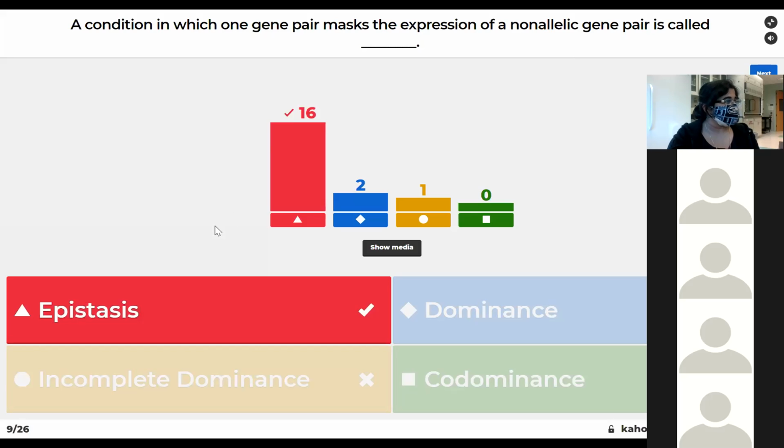Okay, so epistasis is correct. Any of the dominance ones, again, guys, when you're talking about dominance, codominance, incomplete dominance, you're only talking about one gene pair, right? So you're talking about the alleles within that gene pair. When you're talking epistasis, that's when one gene pair is controlling another gene pair, okay? You cool? Good, okay.